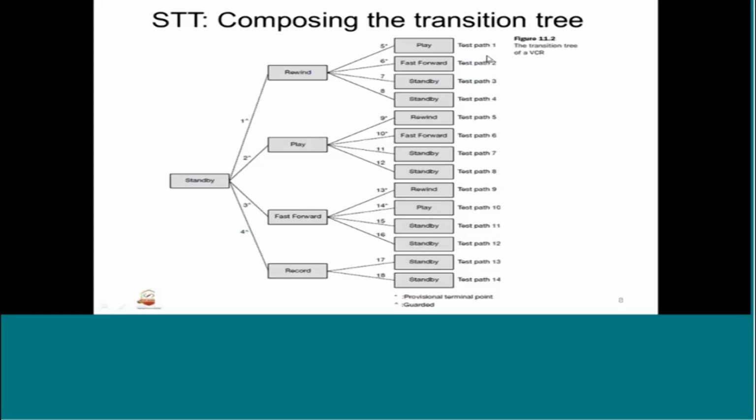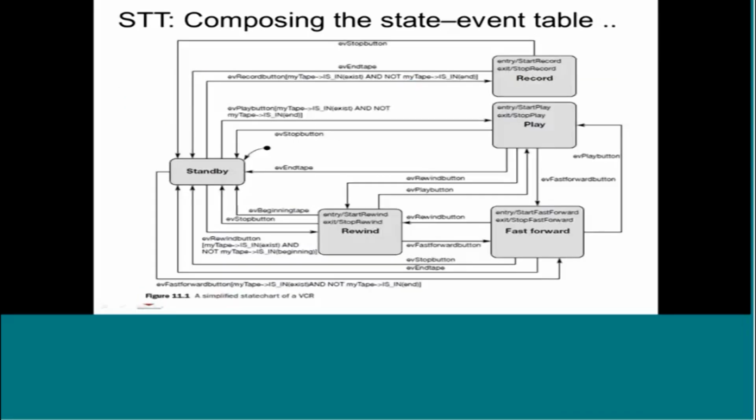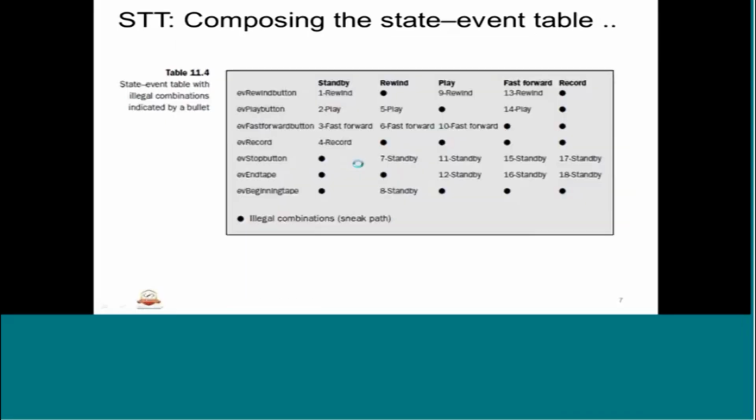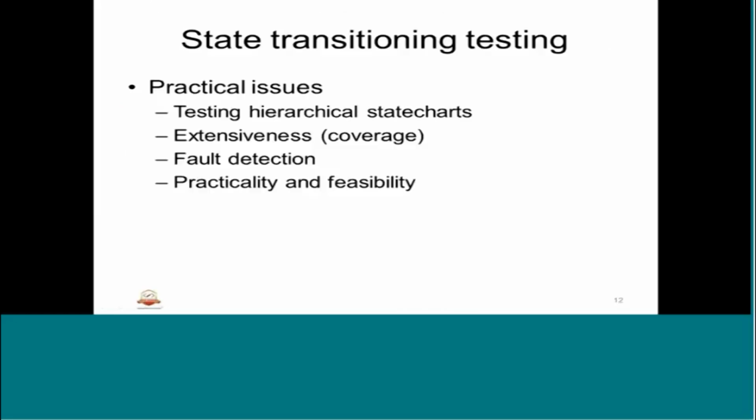If there is a complex system which has its own substates under play or fast forward, and the details of that model are not clear or not known, then it is difficult to do bottom up from there onwards. So it is better to start with the initial, top-down approach. That is what it means.